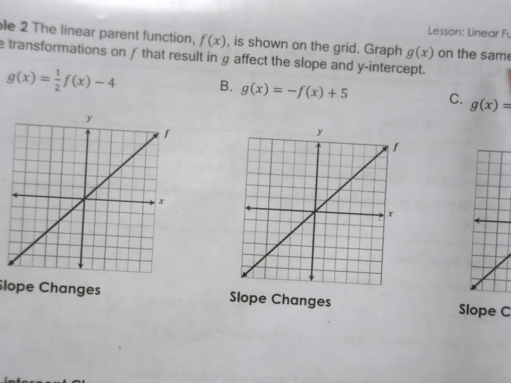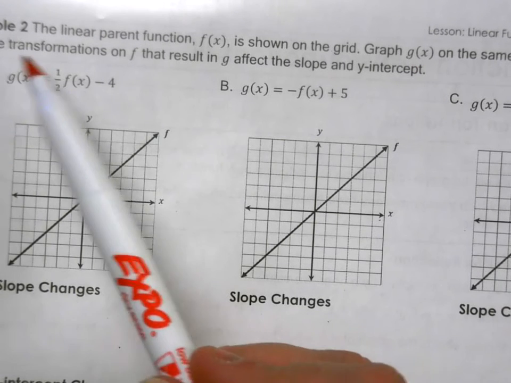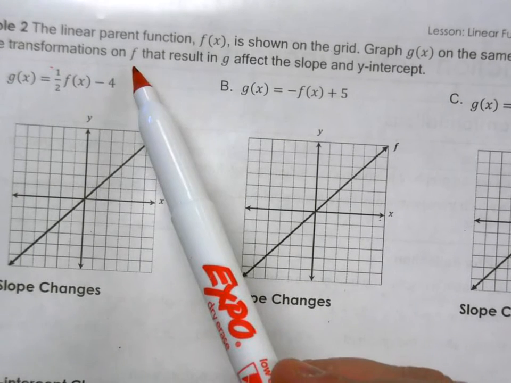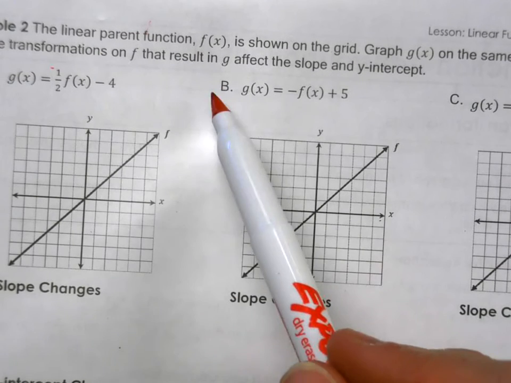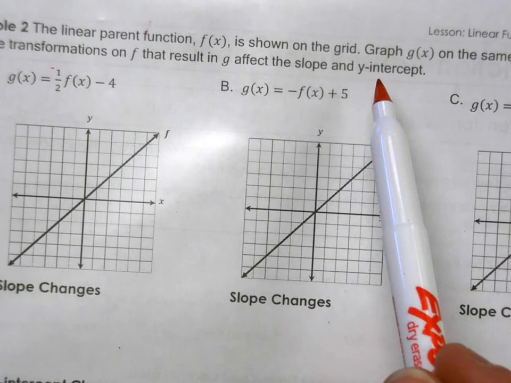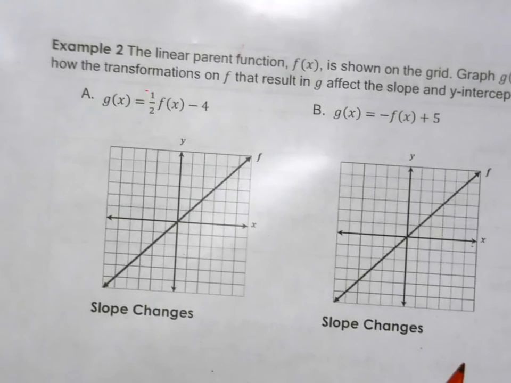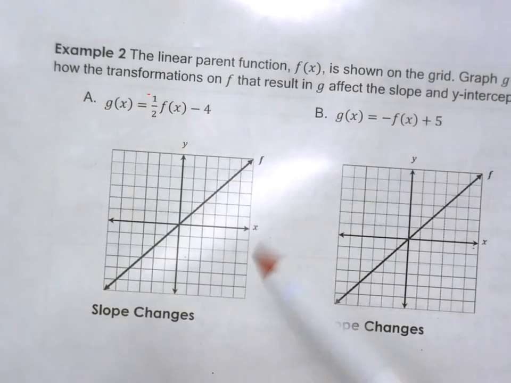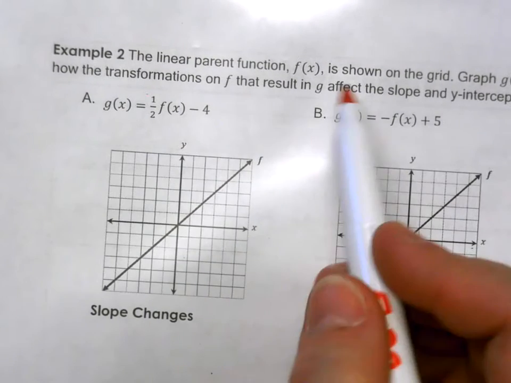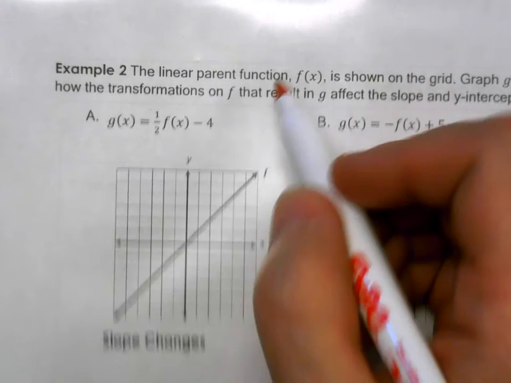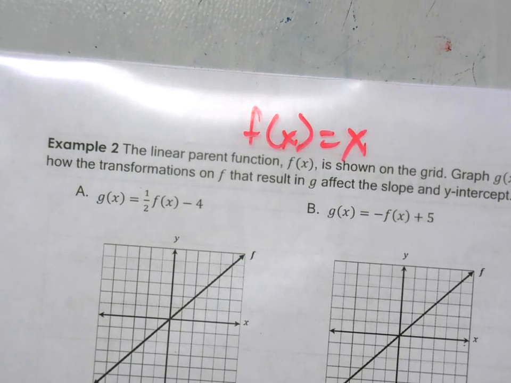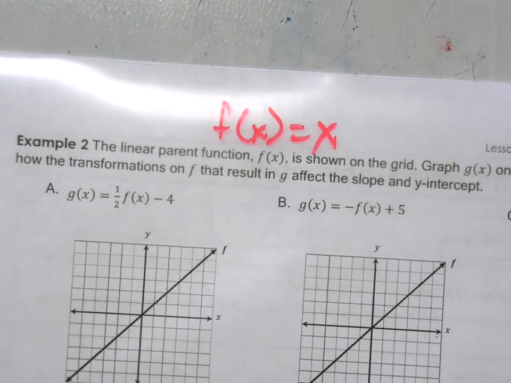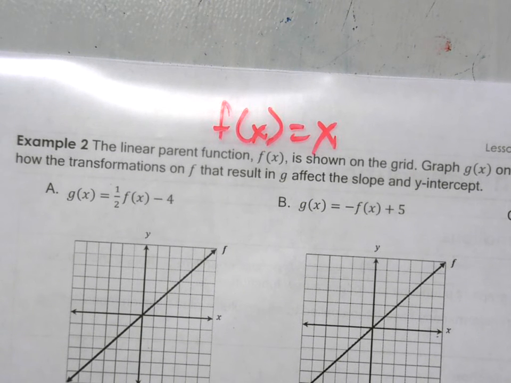Graph g of x on the same grid and describe how the transformations on f that result in g affect the slope and the y-intercept. Okay. So my original function is f of x equals x. That's the original function here.